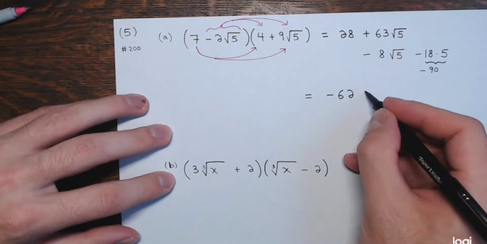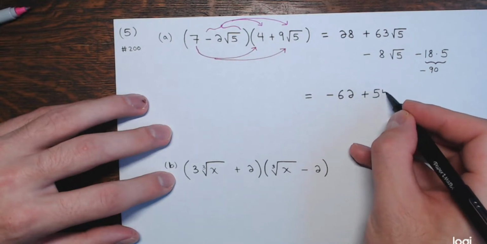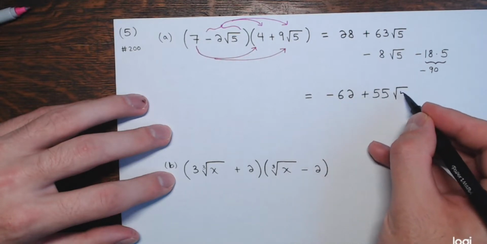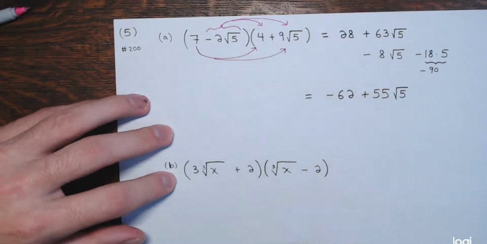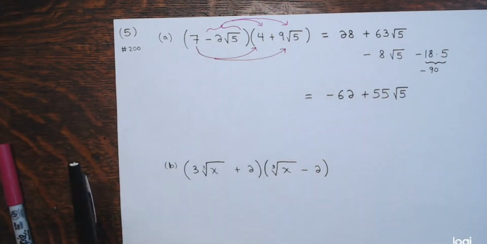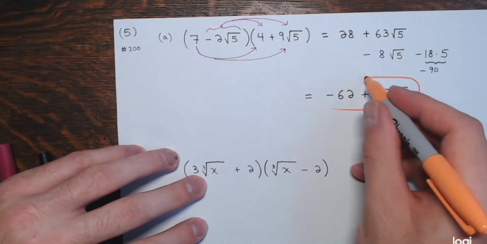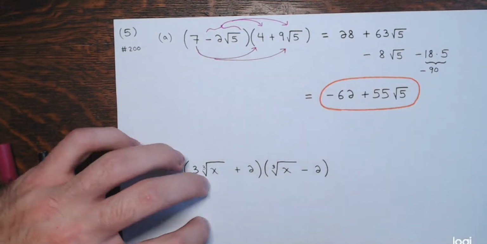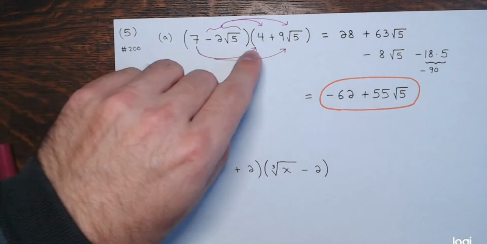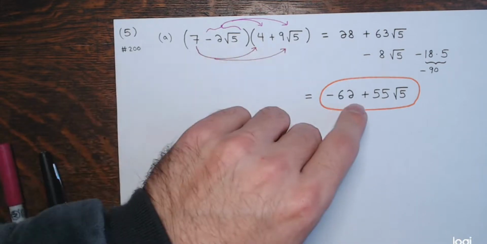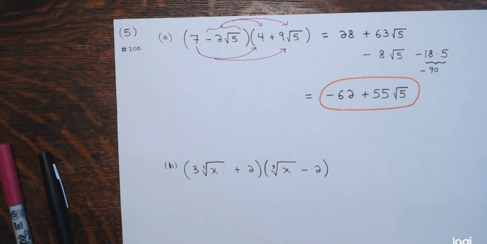Right, positive 55 times the square root of 5. Combining the like radical terms, and again, these don't go together, right? Because one's a radical term and one is not. Okay, and once again, I leave it to you to punch this in a calculator, check, and see if they're the same value.